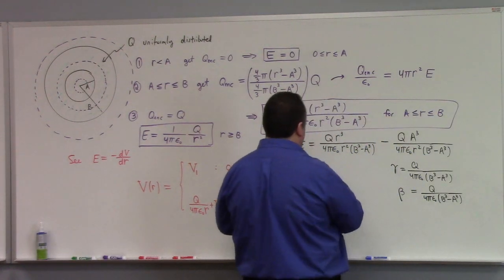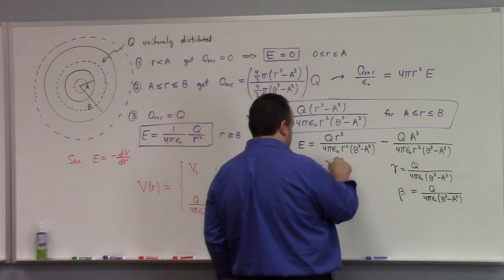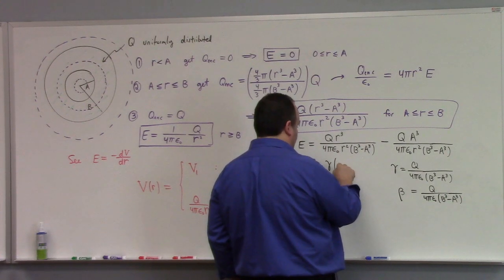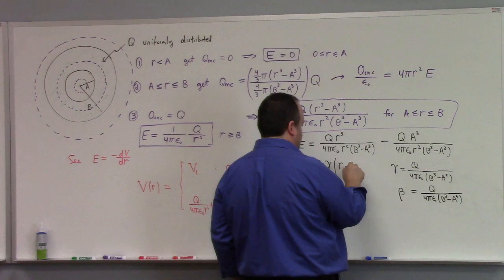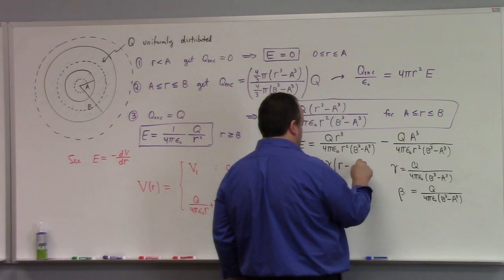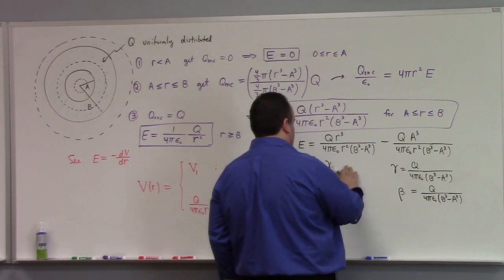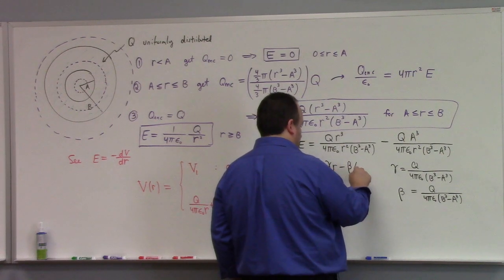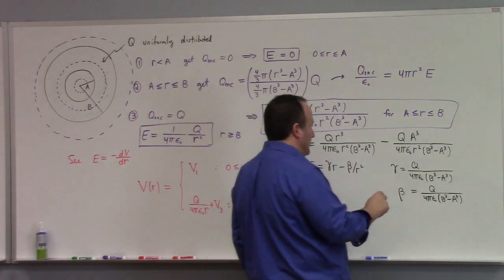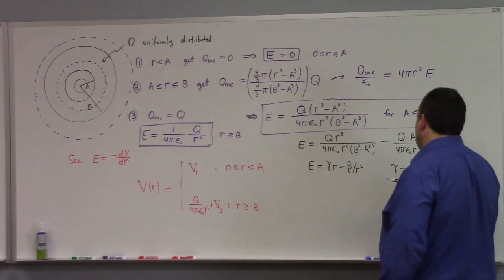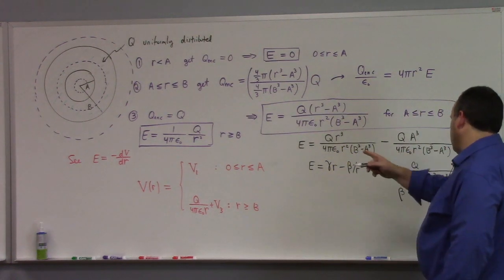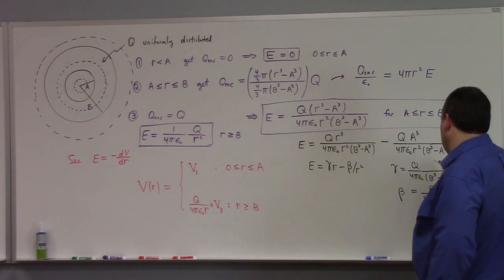So this is gamma times R minus, phooey, they are different. It's that time of day. Q minus beta divided by R squared. There's a slight difference because this one's got the Q in the denominator, and this one's got Q a cubed.